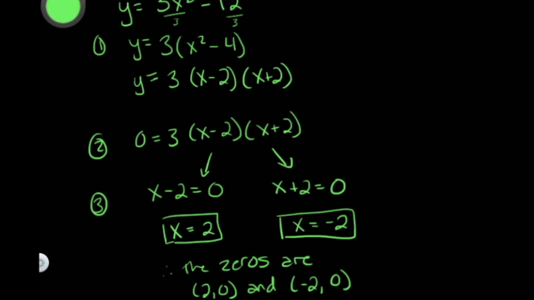So you may eventually be able to cut out step 3, because you'll realize that once you have it factored, it's going to be the opposite of what you have in your brackets. If you have a negative 2 in your bracket, your 0 is a positive 2. If you have a positive 2 in your bracket, your 0 is a negative 2.